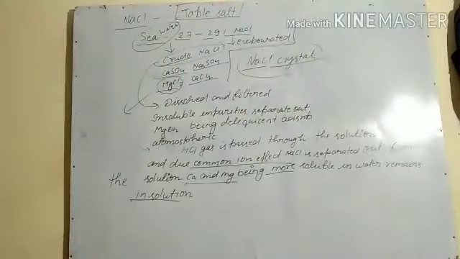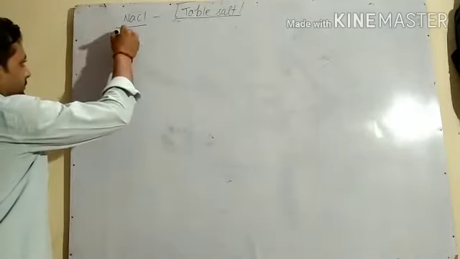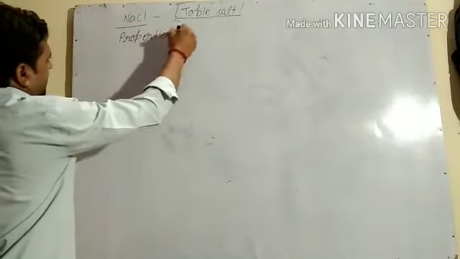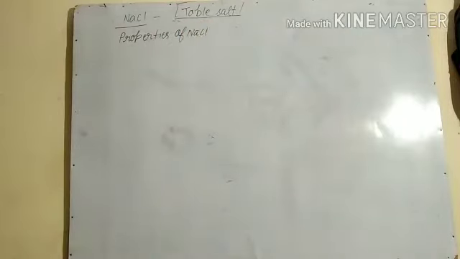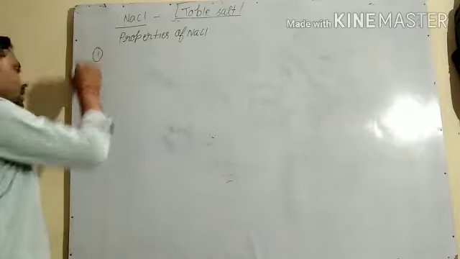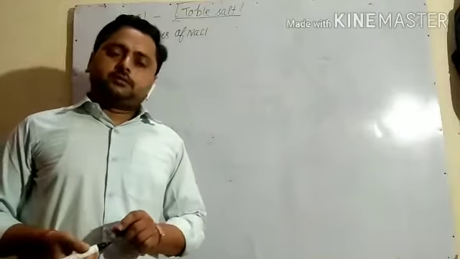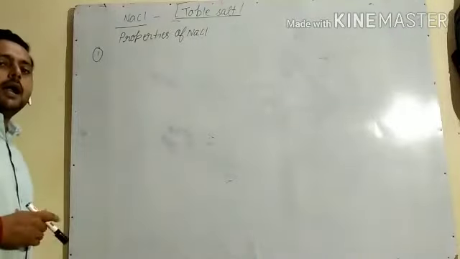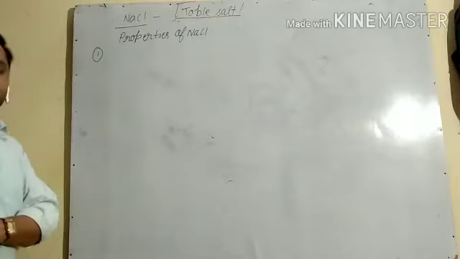So let us see the properties of NaCl. The first property: it is a white crystalline solid. It has a melting point of 1031 Kelvin and a boiling point of 1731 Kelvin.